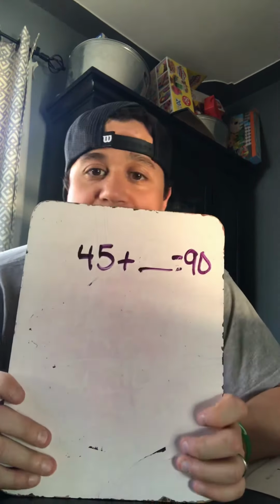Another way you could have done that is looked at your number, 45 to 50, 50 to 60, 60 to 70, 70 to 80, and 80 to 90, and we know that's 10, 10, 10, and 10.